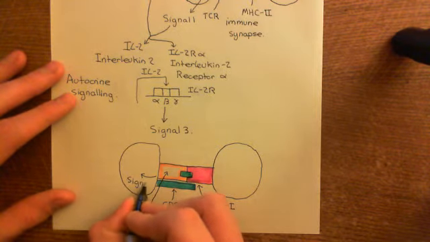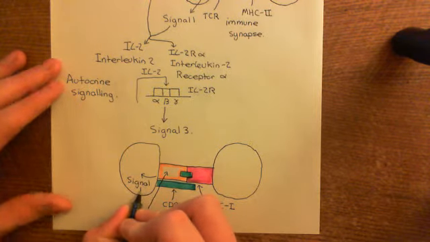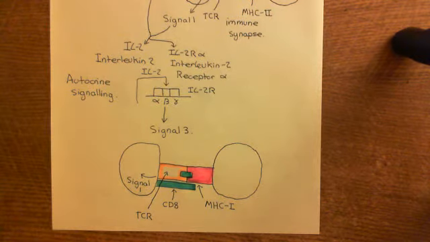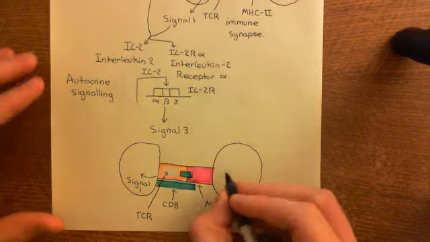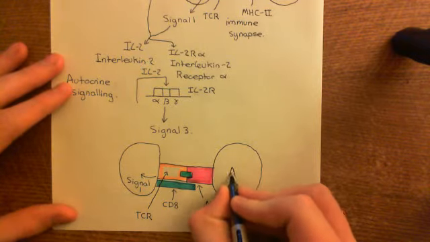Signal 1. However, again, signal 1 is not powerful enough to actually activate this CD8 positive naive T cell on its own. Basically, you need co-stimulatory molecules to be present on this APC.